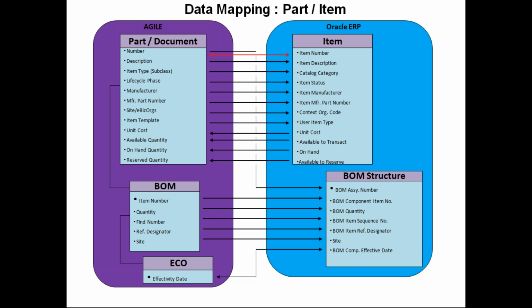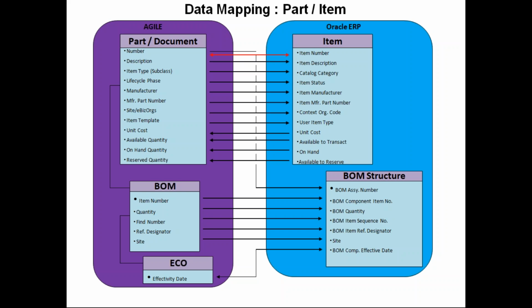That's where product management conceives of and creates these items, and therefore the item number, the description, the item type, the life cycle phase, the manufacturing part number, and various aspects of that particular part are going to be typically sourced from Agile and brought into Oracle ERP systems in order to define that.